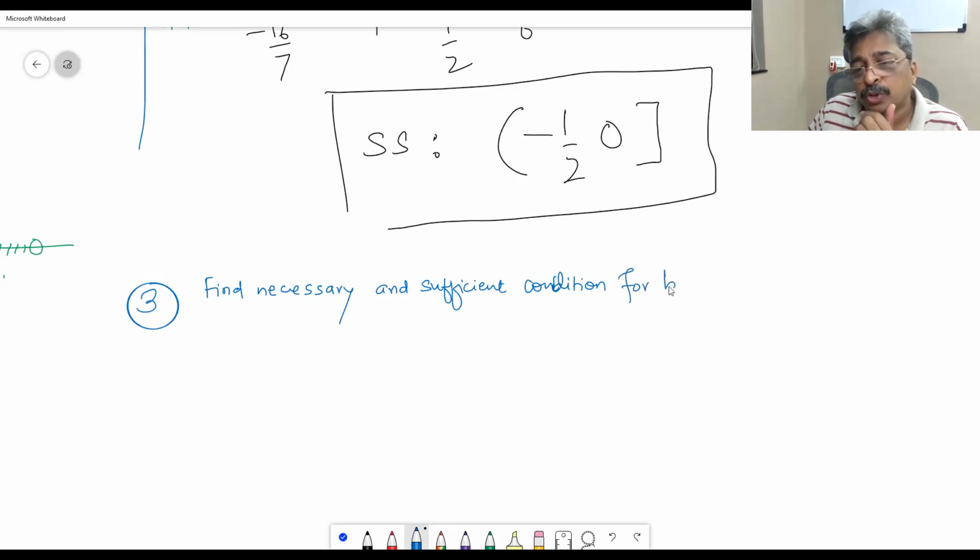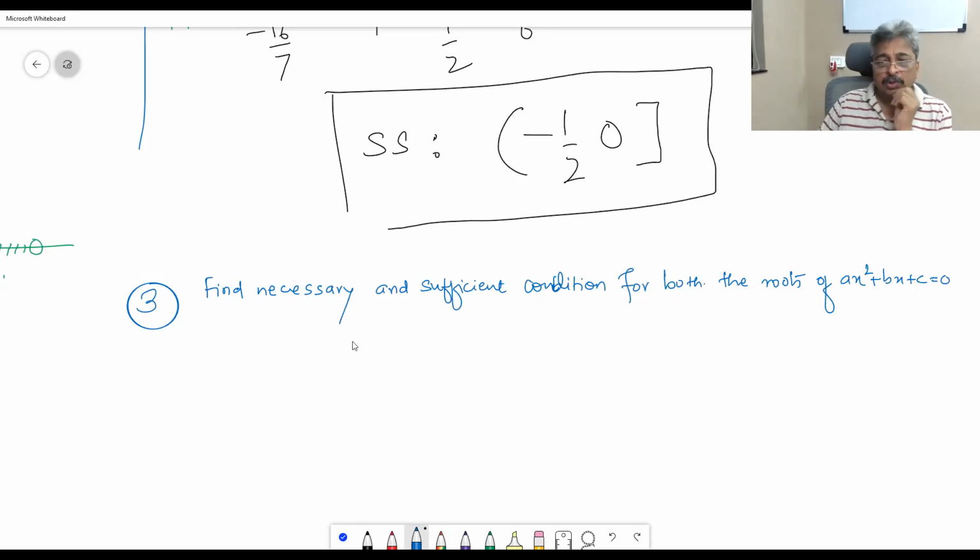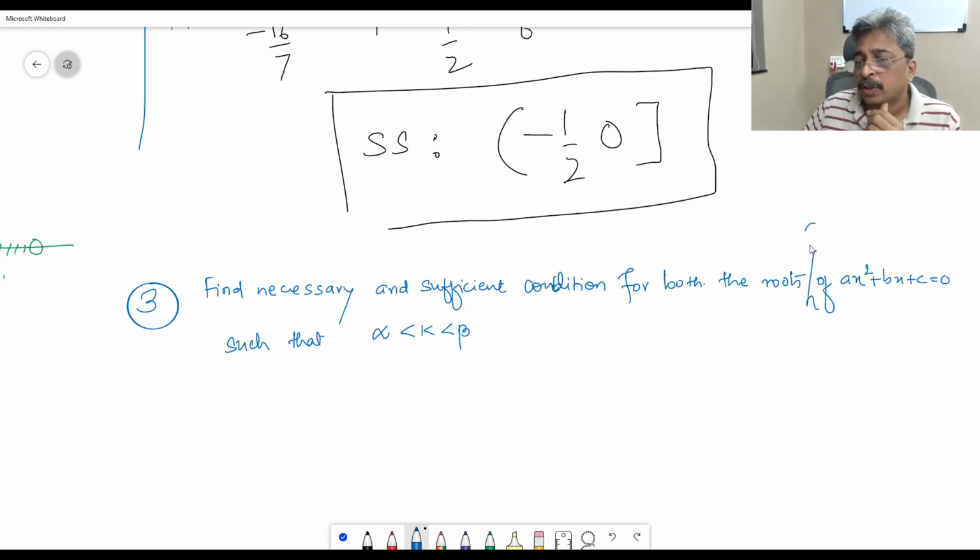For both the roots of ax square plus bx plus c is equal to 0, such that alpha is less than k is less than beta, for both the roots alpha, beta.